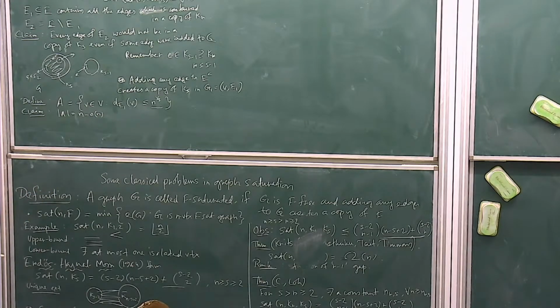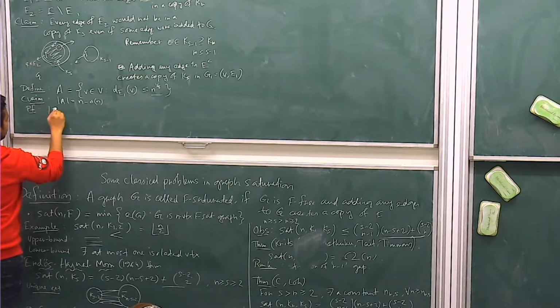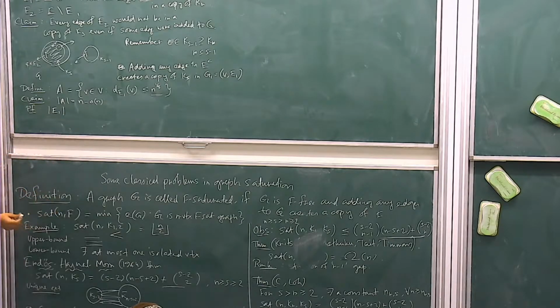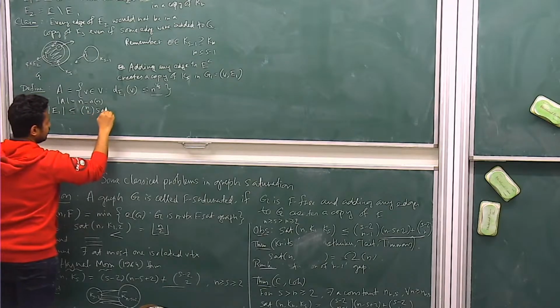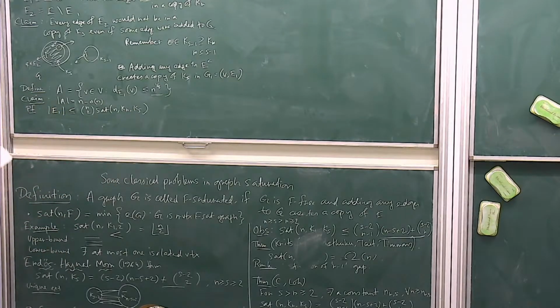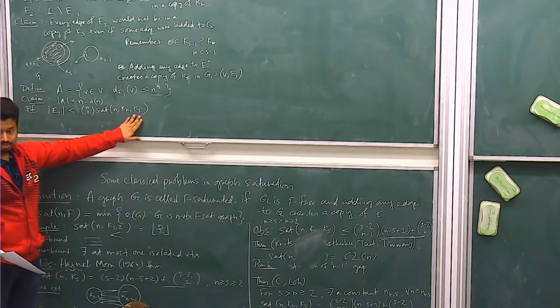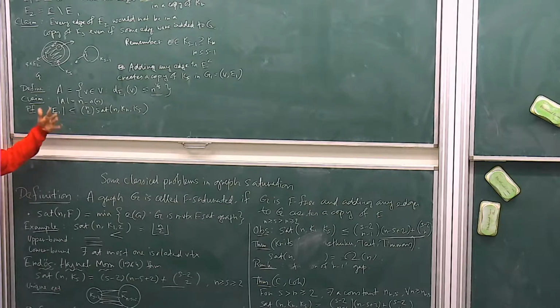It's very easy to see why. The reason is, what is the size of E1? The size of E1 is at most R choose 2 times sat(n, Kr, Ks). E1 contains all the edges which are inside at least a copy of Kr. So this is the number of copies of Kr inside G, and in each copy of Kr you have exactly R choose 2 edges.